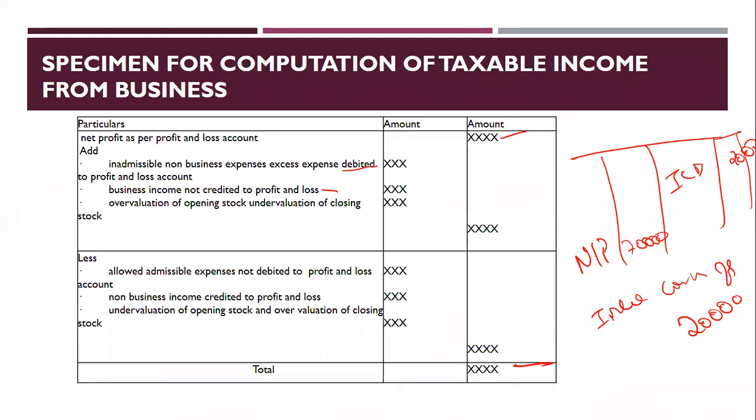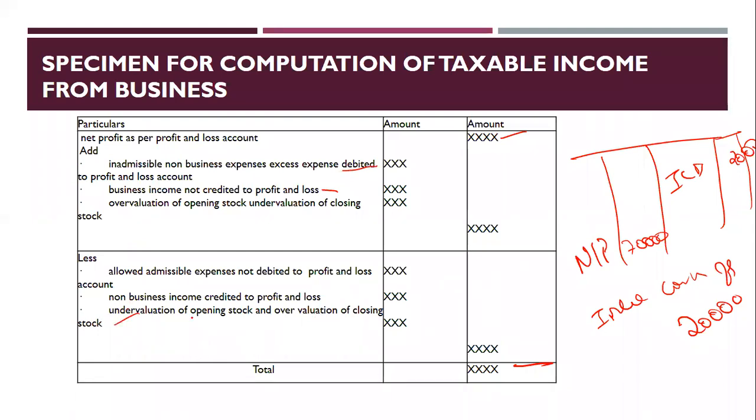So just as we added the inadmissible expenses which were debited in the profit and loss account, in the same way, expenses which are related to business but were not debited, such expenses you deduct here. Okay, in the same way, next is non-business income credited. Because of this non-business income, my profit is shown at a higher amount. So to rectify that only I am reducing. The same way when it comes to undervaluation of opening stock and overvaluation of closing stock.